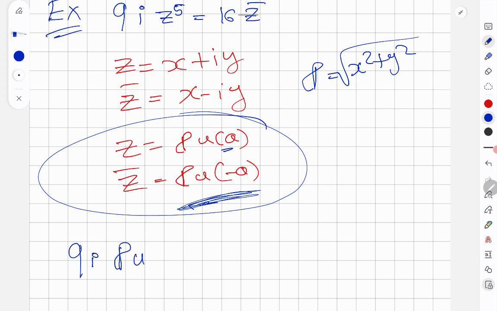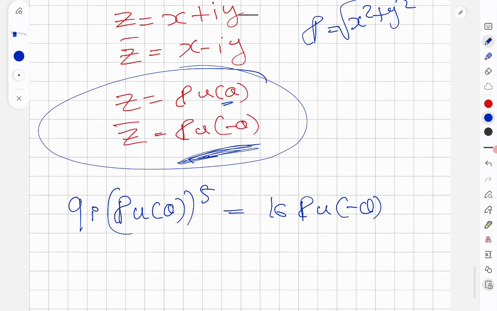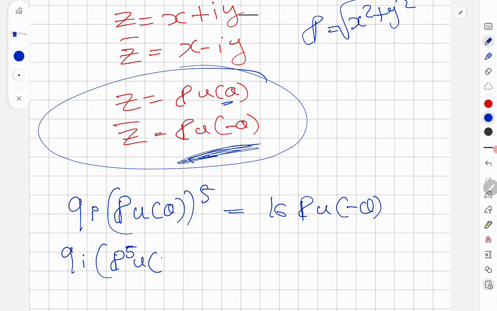You can write this one as rho e to the i theta, whole to the power 5, equals 16 rho e to the minus i theta. First you can apply the rule that I have told you. This one will be rho to the power 5 e to the i 5 theta, right? This equals 16 rho e to the minus i theta.